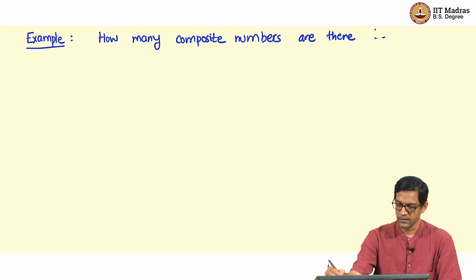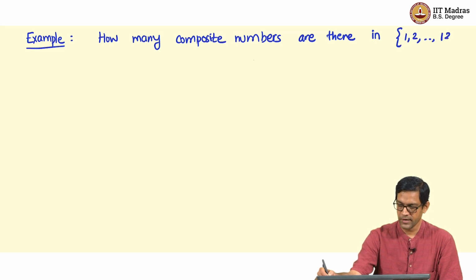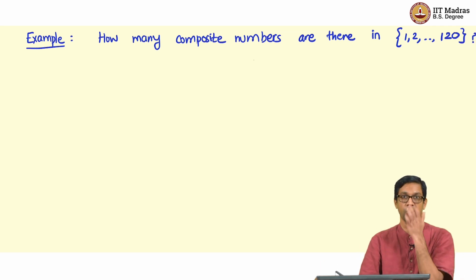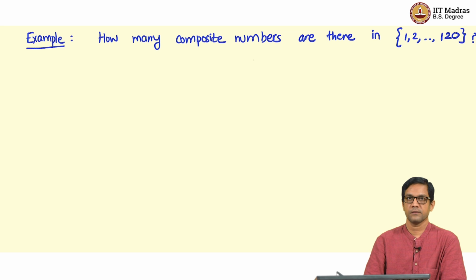So let me say in the set of elements 1, 2, 3 till 120. Okay, I could ask this question differently, how many prime numbers are there between 1 and 120? Once I know one, I know the answer to the other.